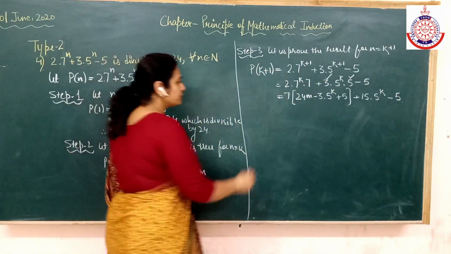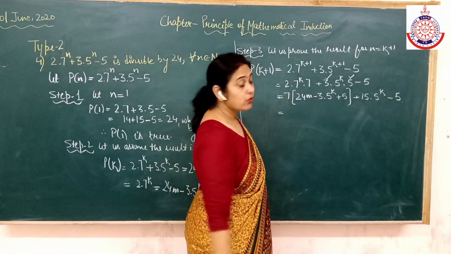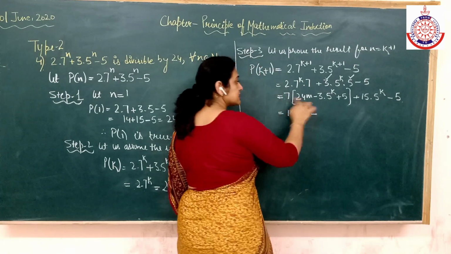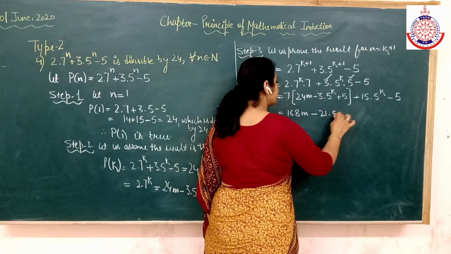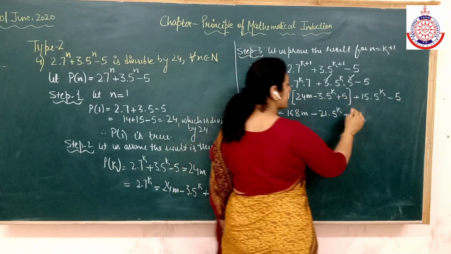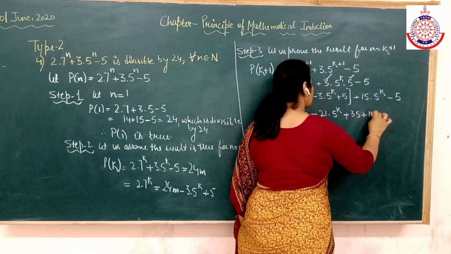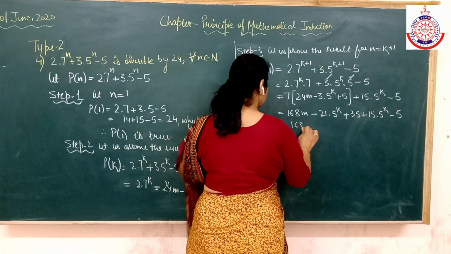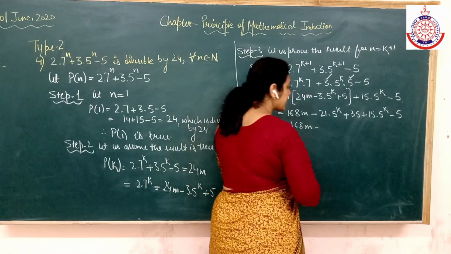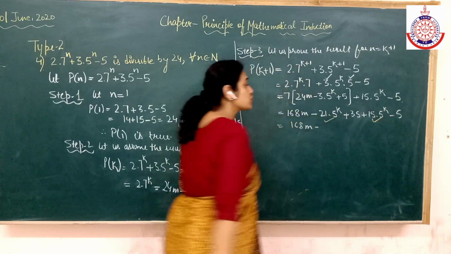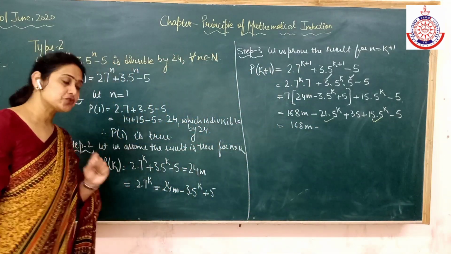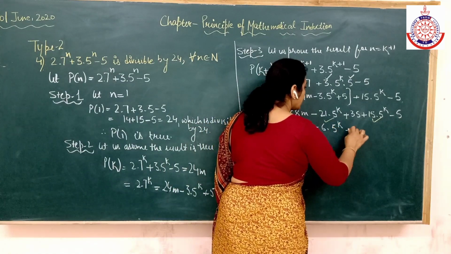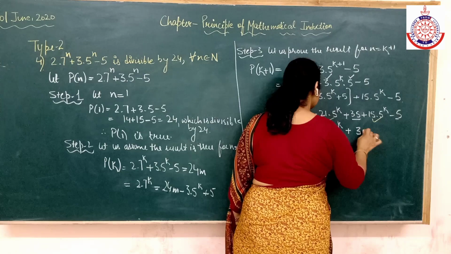Alright, let's solve. 24 into 7, 7 into 3, 21 into 5 raised to power k, 7 into 5, 35. So like terms, which are like terms? This is 21 into 5 raised to power k, that is 15 into 5 raised to power k. So subtract, it will be 6 into 5 raised to power k, and 35 minus 5, 30.